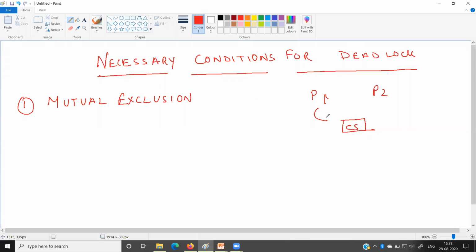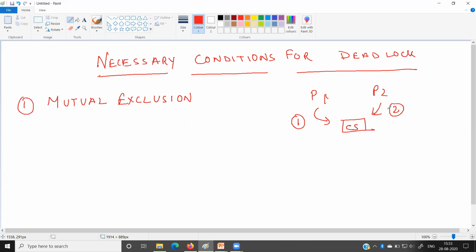Either P1 can access first or P2 can access first. If P1 accesses the critical section first, then P2 cannot access it; P2 will access after P1. This is called the mutual exclusion. That means only one process at a time can access the critical section.